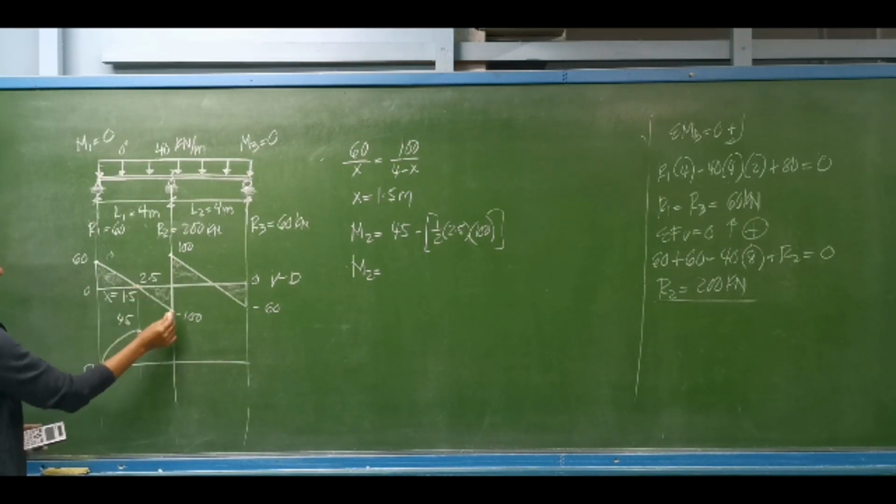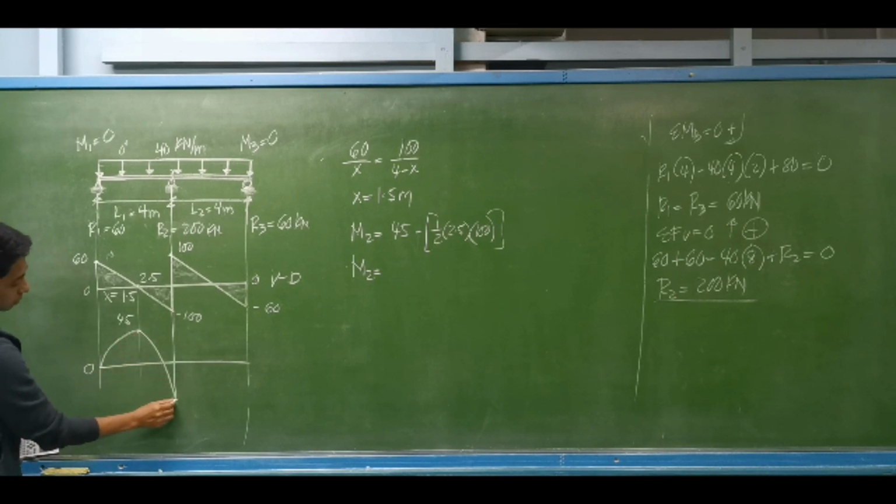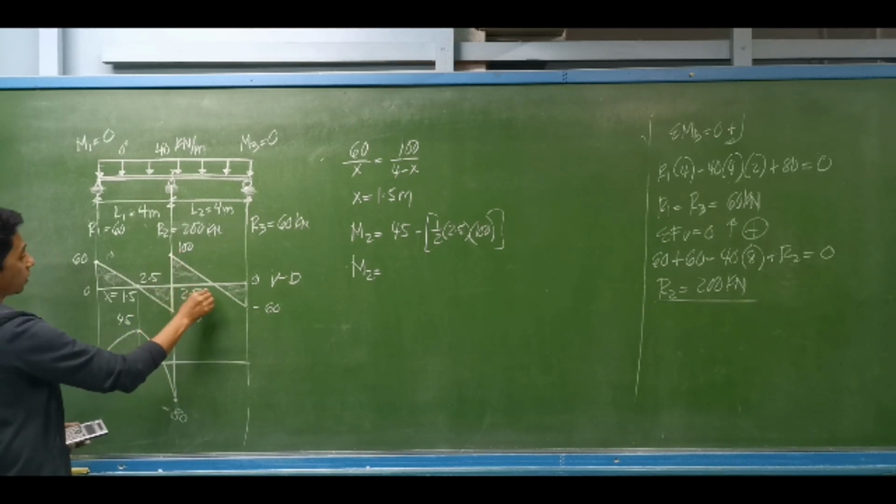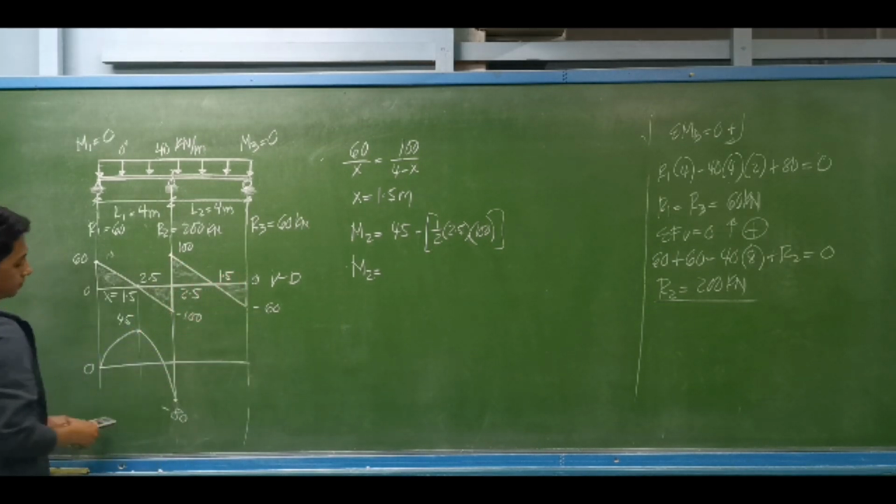So from 0 to negative, it opens downward, this is negative 80. This is 100, this is 2.5, this is 1.5.